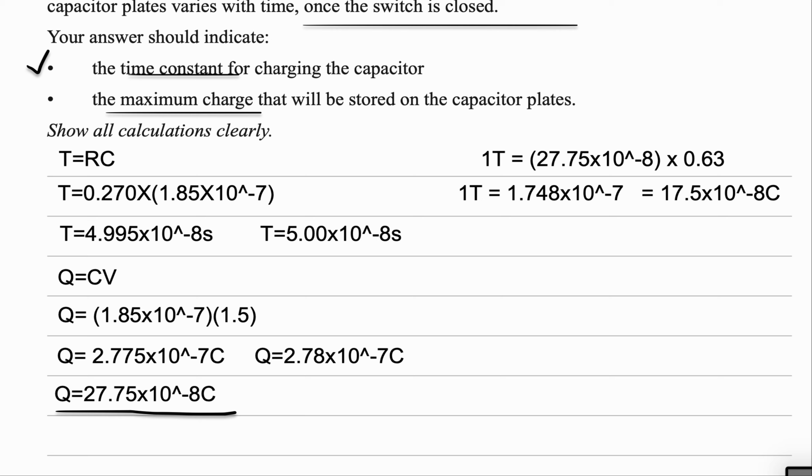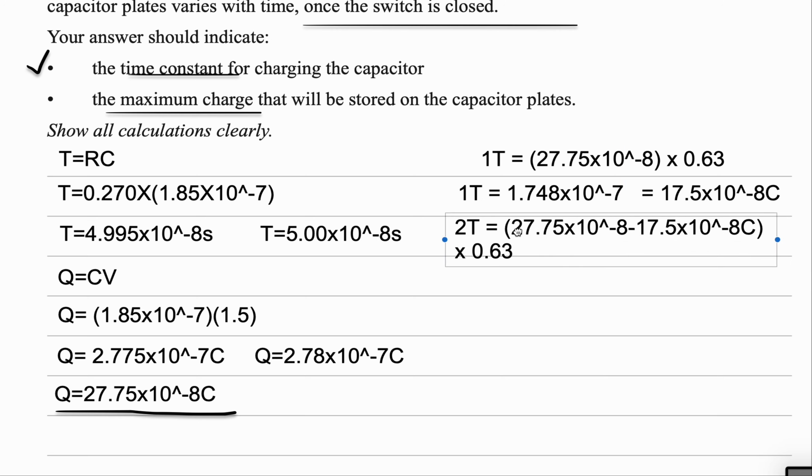So next, the second time constant. The capacitor plates charge an additional 63% of the remaining charge. So we take our maximum charge, which is 27.75, then minus the first time constant value, 17.5, from that, and then times that by 0.63.